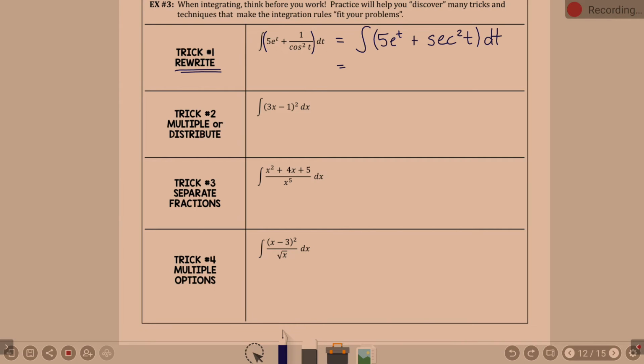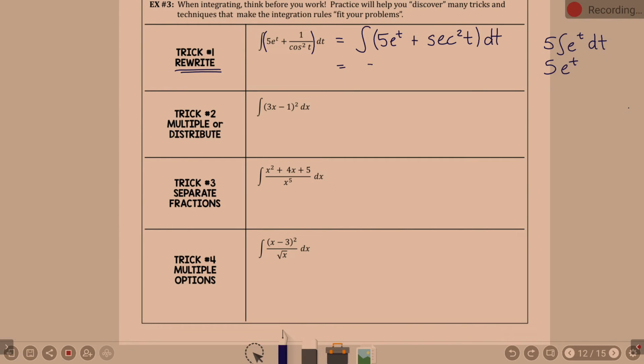Officially, if you look at your rules, one of the rules is you can pull a constant out front. So if I were to rewrite this as 5 times the integral of e^t, that's going to be 5e^t, yes? Because the integral of e^t is e^t. So with that constant out in front, it just gets to stay.